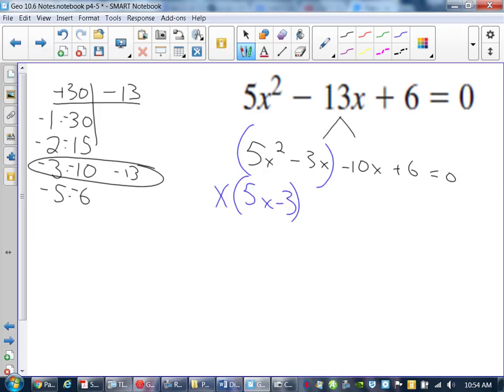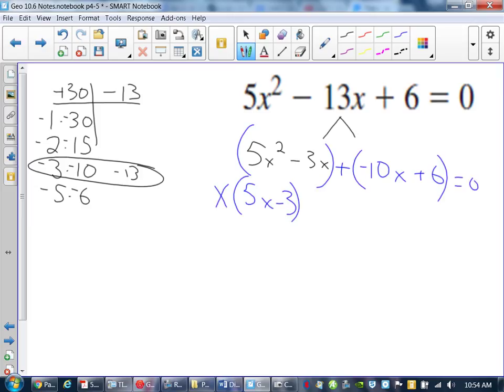On the next one, this is a little bit of a goofy step here. Do you see how the third part is negative 10x plus 6? What I like to do here is, plus a minus, and then I group it with the minus on the inside of the parentheses.